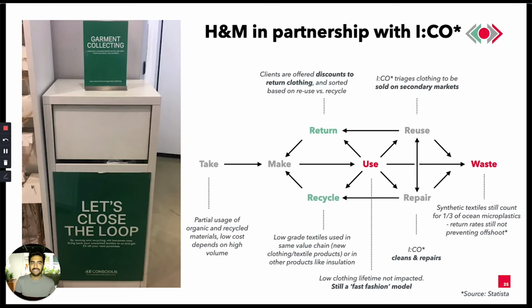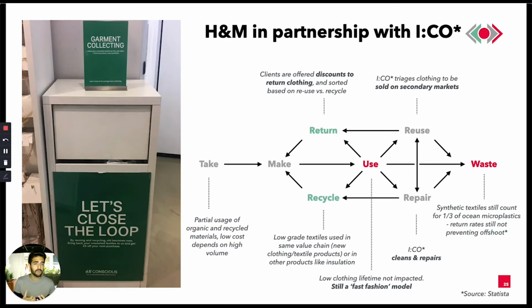And what you can see here using the visual system is that it creates positive impact in the return recycle part of the life cycle by giving consumers a channel to return their H&M clothing. And actually, the partner triages this clothing for different usages. Could be for downcycling into things like insulation, or it could be to recycle back into clothing textiles.